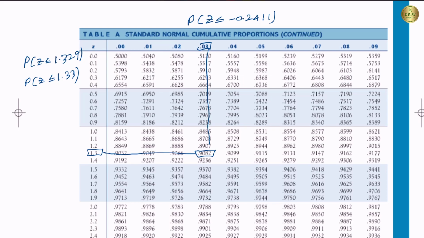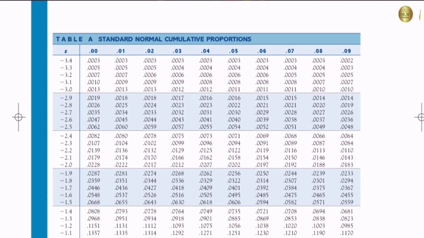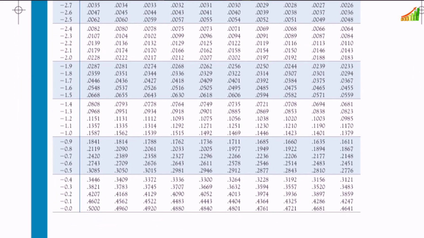So similarly, how do we find this one? Here we have 0.2411, so I can write the probability z less than or equal to negative 0.24. Negative number here, 0.2 here, then 4.